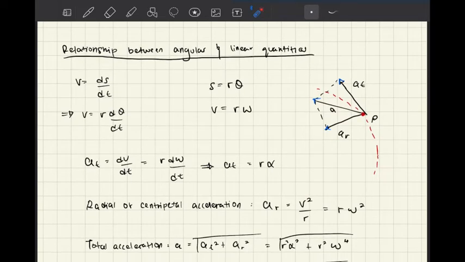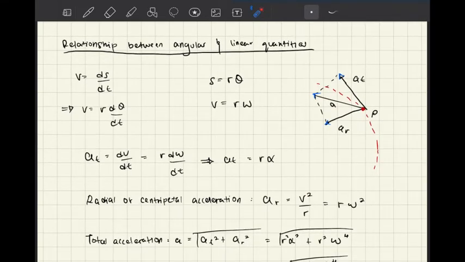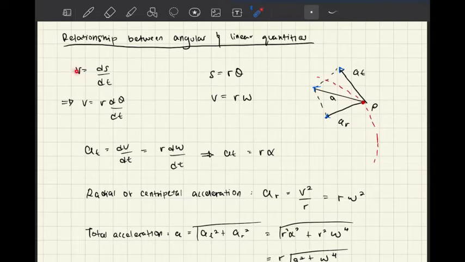All right. So let us understand the relationship between angular and linear quantities. We know that velocity is the difference in distance traveled over the difference in time.